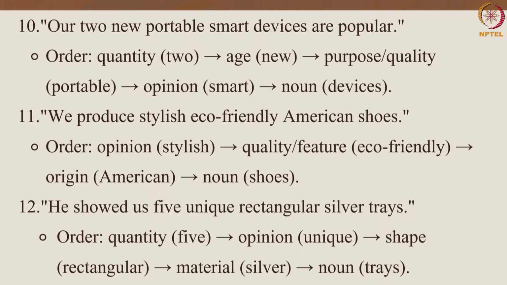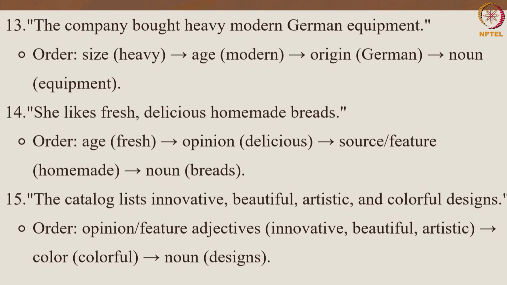Number 12, he showed us 5 unique rectangular silver trays. So, quantity 5, opinion unique, shape rectangular, material silver, and noun trays. He showed us 5 unique rectangular silver trays.